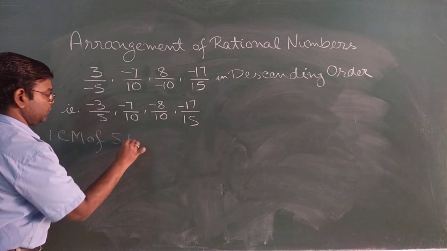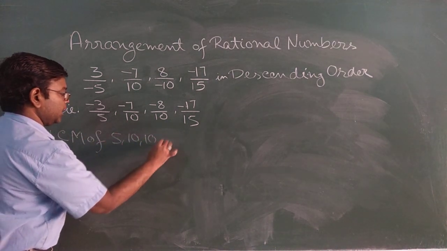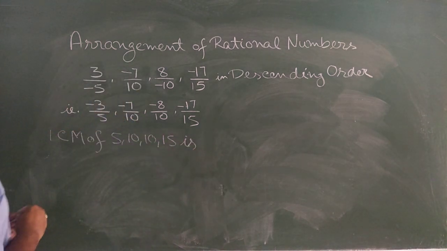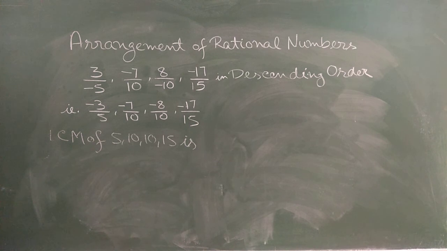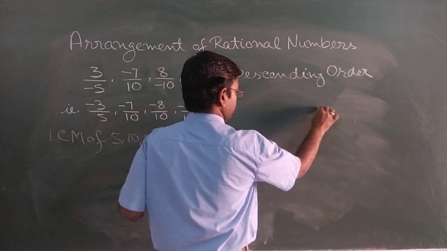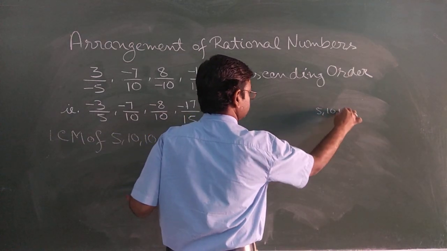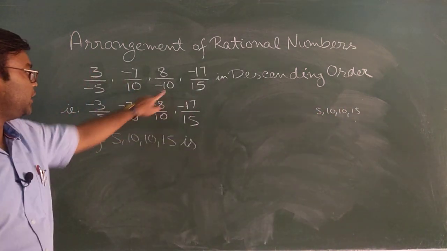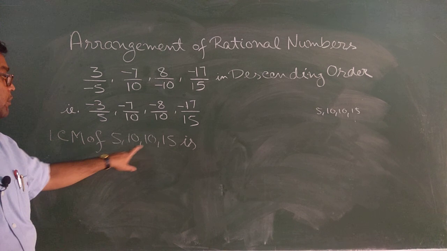LCM of 5, 10, 10 and 15. How do we find it? We must find it in rough. See here, we have two same numbers, so we need not skip any number.